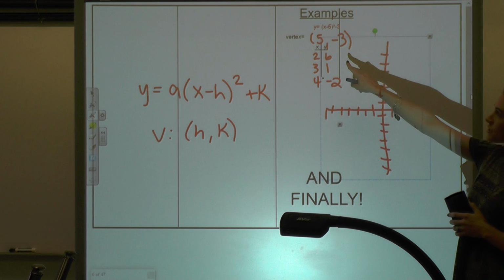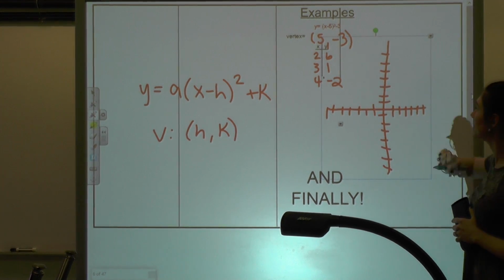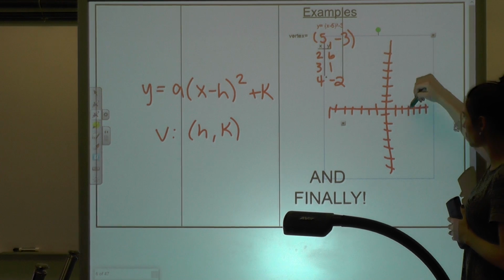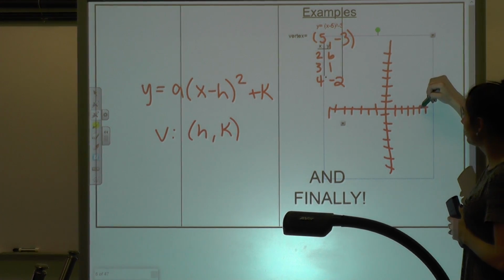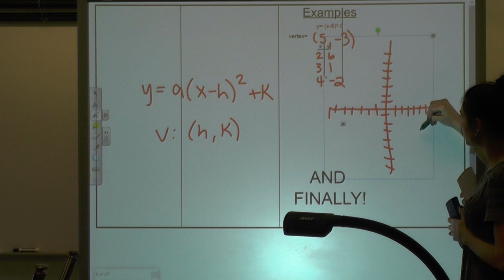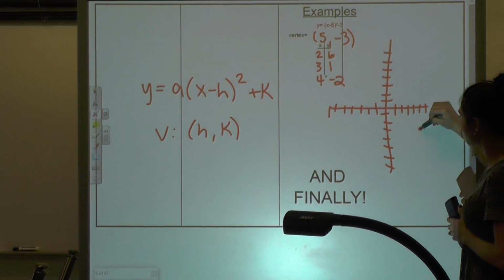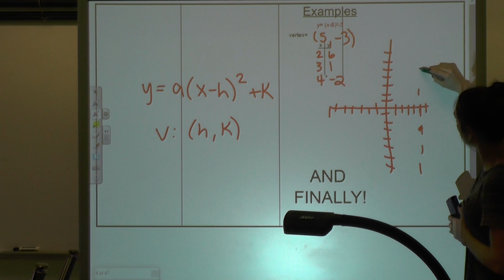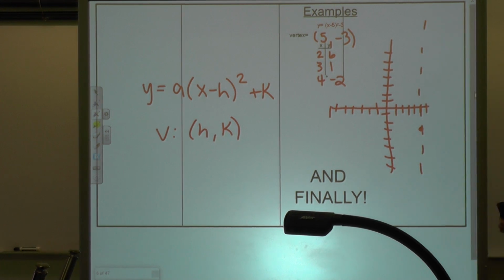So we're going to graph our vertex first. Our vertex is 5, negative 3. So I'm going to go over to the right 5. 1, 2, 3, 4, 5. And down negative 3. So 1, 2, 3. So down to negative 3. I'm going to immediately draw my imaginary line straight through my vertex.